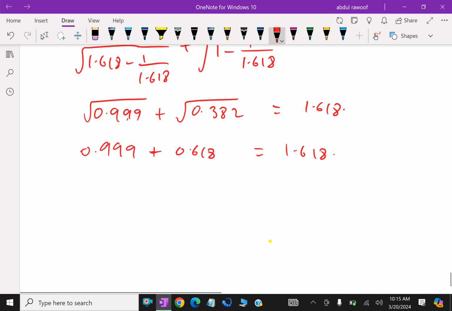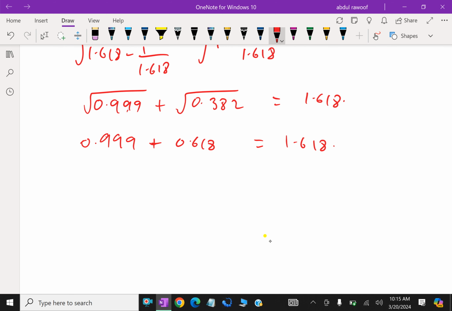Sum is 1.618, which gives approximately both are equal. Then it is checked. If your decimal places increases, then that answer tends to 1.618. So the solution, that is x equal to 1.618, is true.